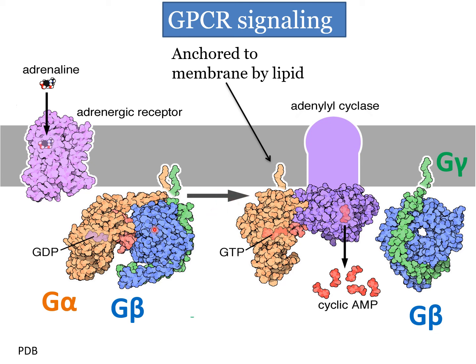And this causes the G protein to expel the GDP molecule and replace it with a GTP molecule. And the GTP causes a small loop, which is shown here in red color, to change its shape.